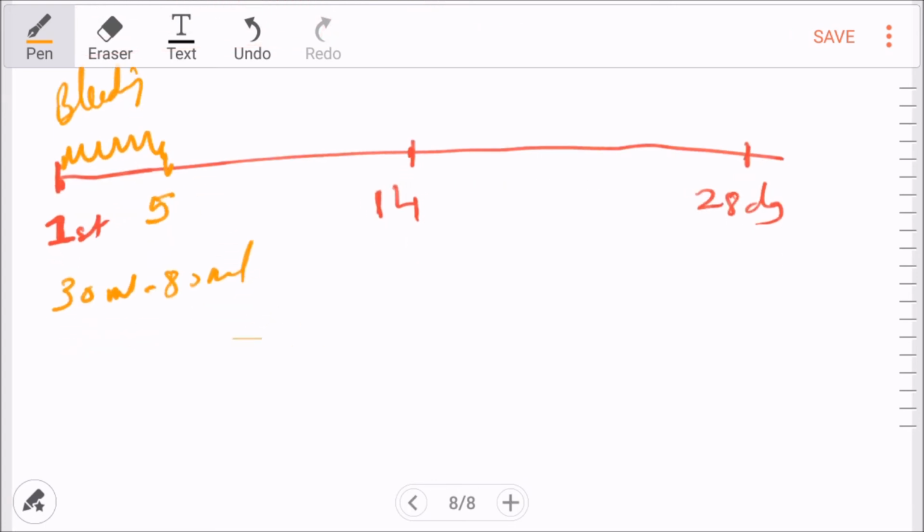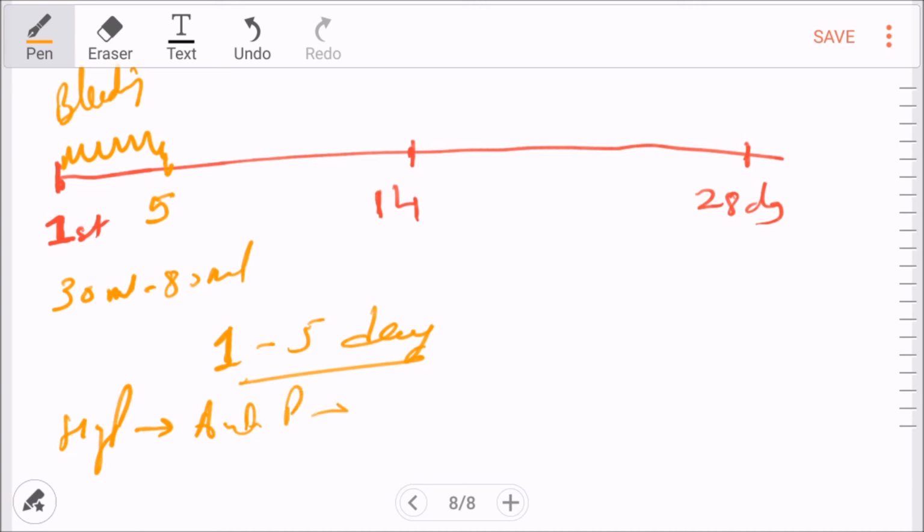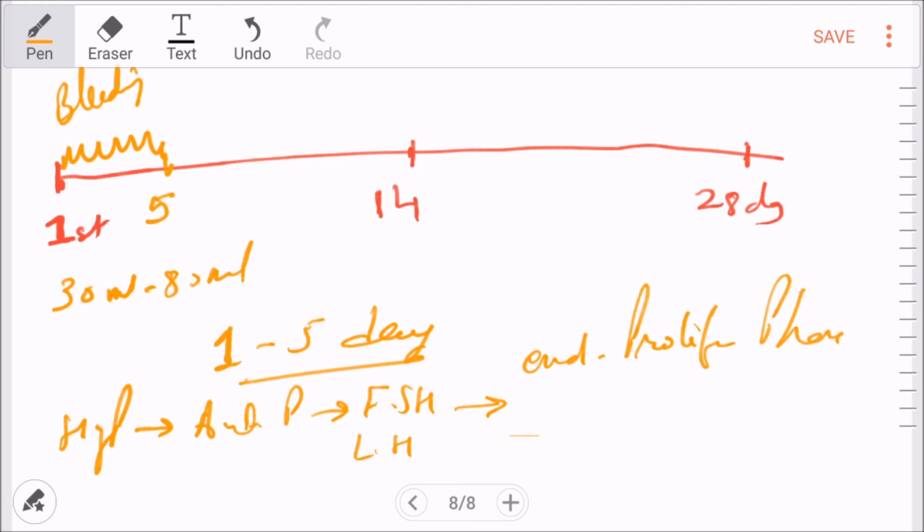During these first 5 days, the hypothalamus starts giving signals to the pituitary to start making FSH and LH, and they start their roles like endometrium proliferation, so it is known as the proliferation phase, and LH triggers ovulation.